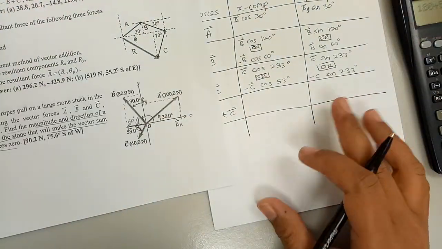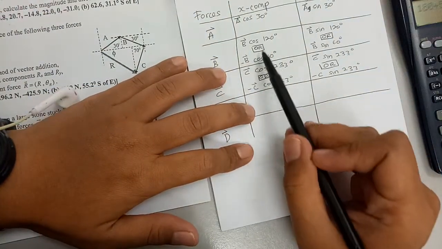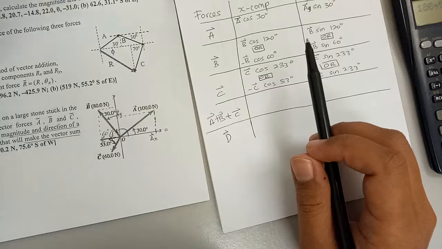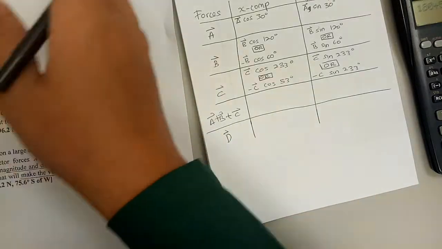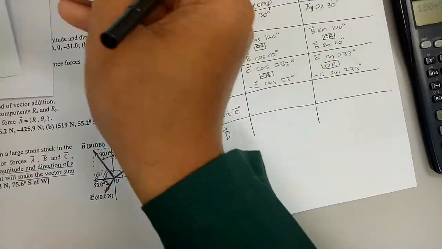Okay, so we have A, B and C. For this part you just have to choose one method. Don't do both.